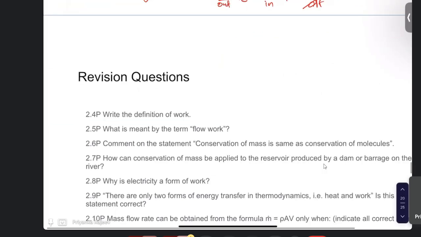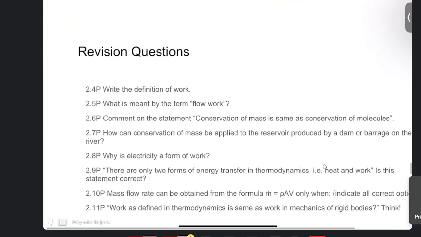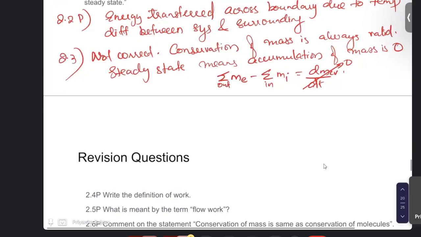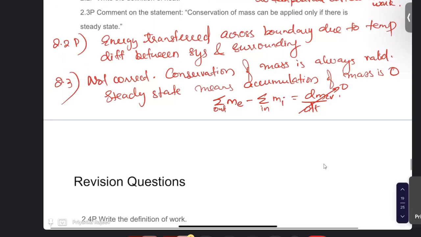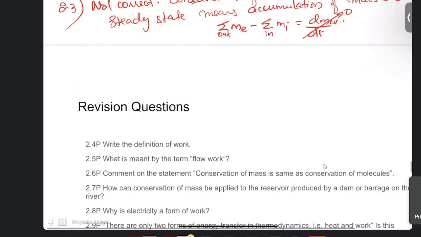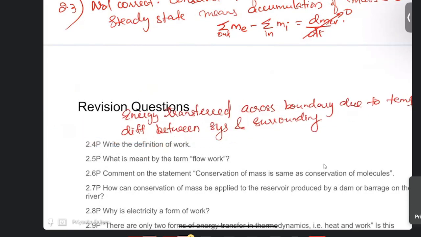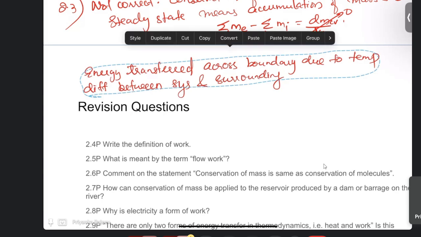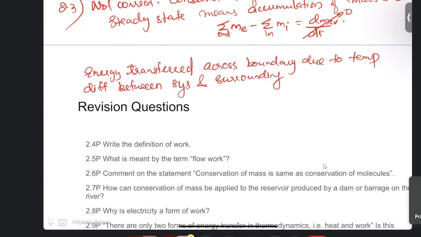Now next is the definition of work. What is work? Work is a form of energy transferred across the boundary of a system that is not due to temperature difference. So it is the same sentence, but just add "not" over here. Anything apart from the energy transfer occurring due to temperature difference is work.